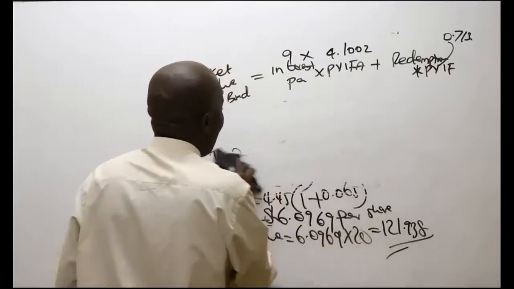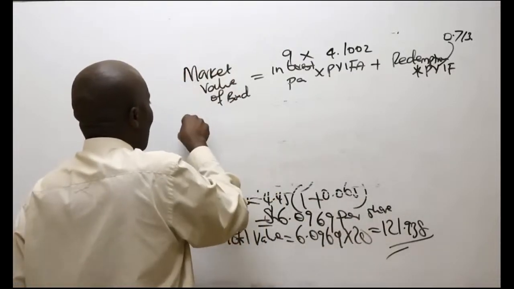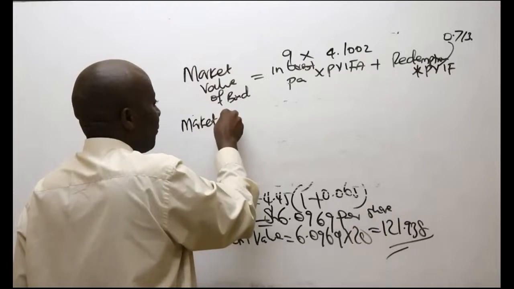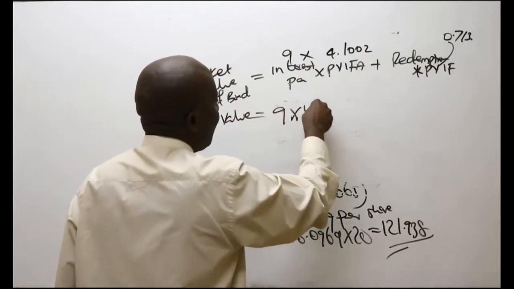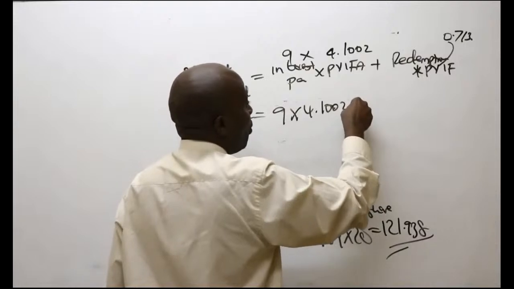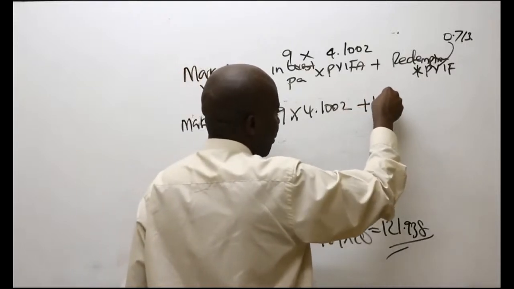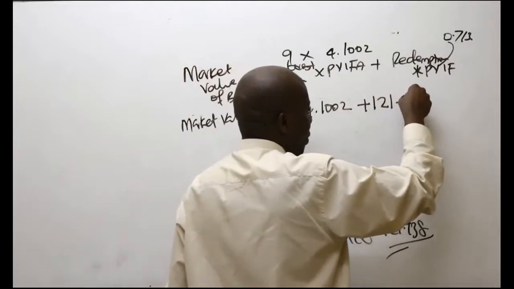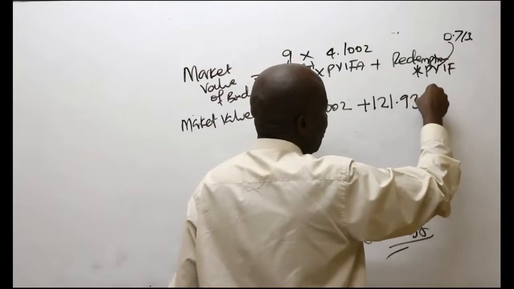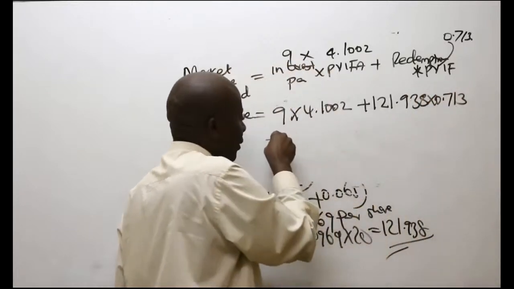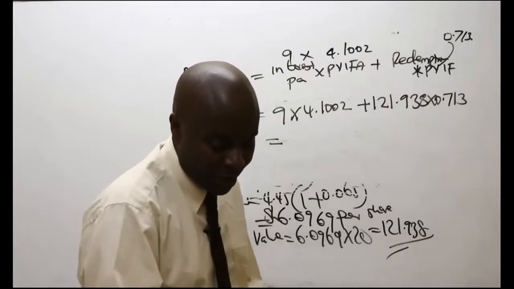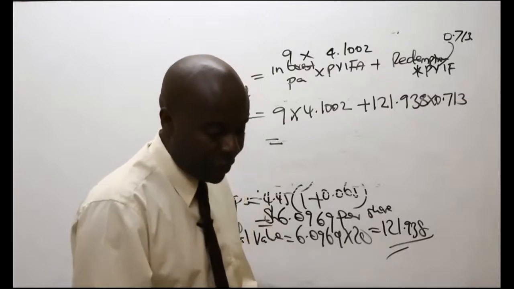So meaning, ladies and gentlemen, that at the end of the day, I'll be able to get my market value as interest, which is 9 times 4.1002, plus the redemption value, which you have settled on this figure of 121.938, times 0.713. So what do we have at the end of the day?